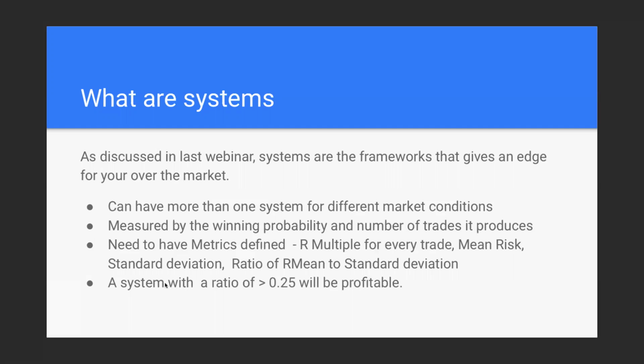Generally speaking, for a system, the ratio of R mean to standard deviation, if that is greater than 0.25, you will be profitable. But it is very, very challenging to develop a system. At the max, you can have like 0.7, as I was mentioning for the trader. But if you have even 0.3 or 0.4, it's pretty good.